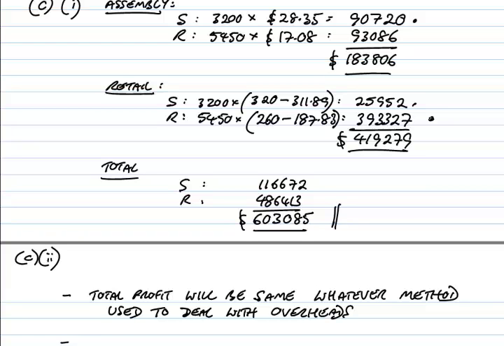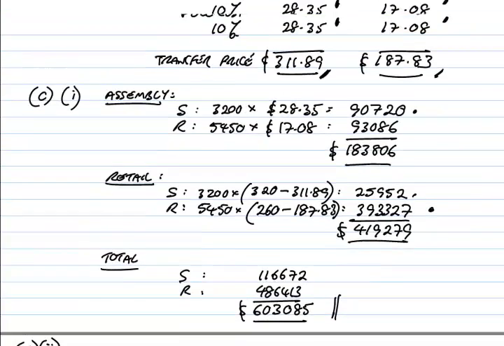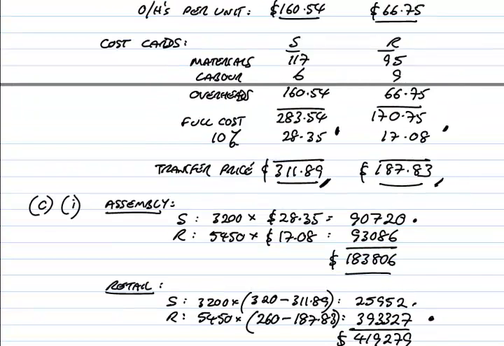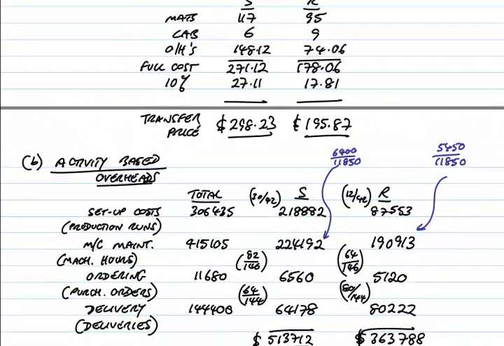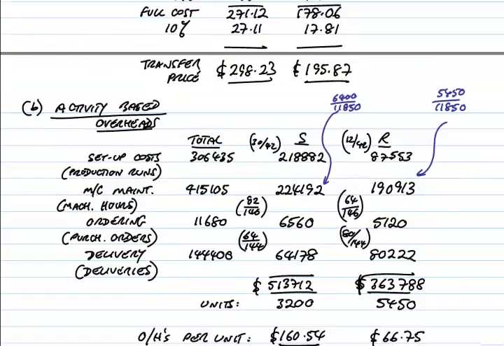And why? Because under activity-based, the cost per unit is only 187.83. The way they're doing it at the moment on labour hours, it's 195.